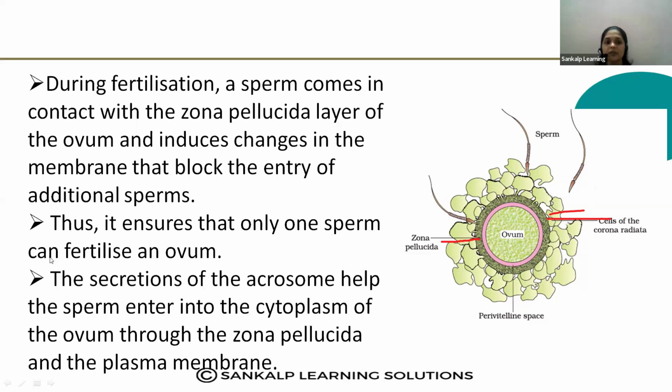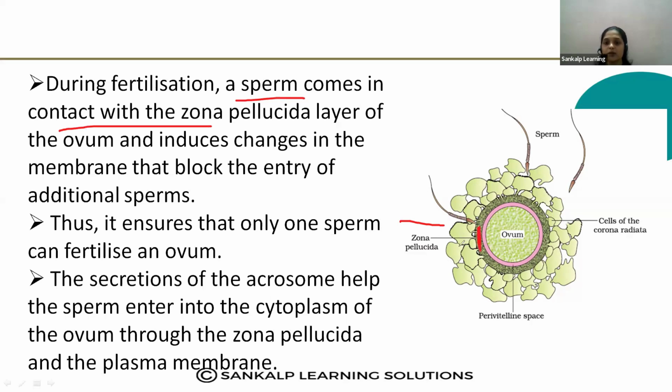Then how is the sperm able to fuse with the ovum? During the fertilization, the sperm first contacts the zona pellucida layer. When it has passed through the corona radiata, then it should pass through the zona pellucida layer.